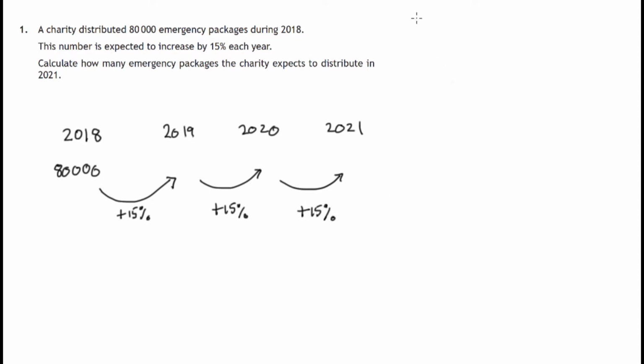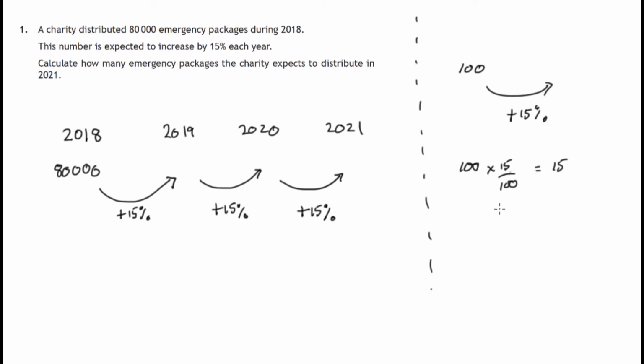So let's have a little look at how we work out something like 15%, or increase something by 15%. For instance, suppose we have 100 and we want to increase that by 15%. We work out 15% of 100, that's 15 hundredths of 100, which is 15.